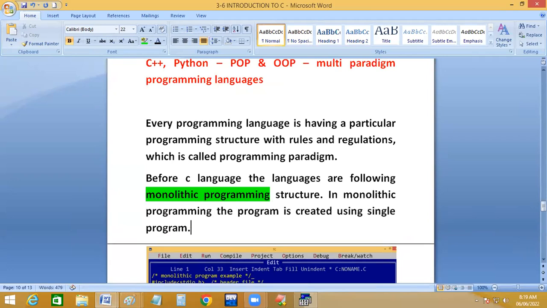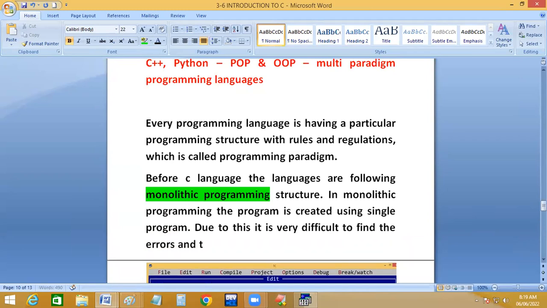Due to this, it is very difficult to find the errors, and there is no chance for reusability. Am I right? And that is the example. Very clearly, did everyone understand?